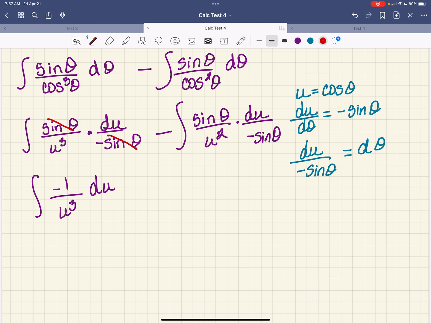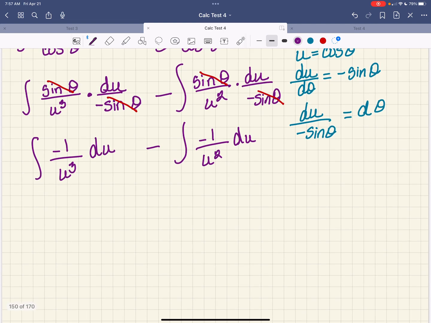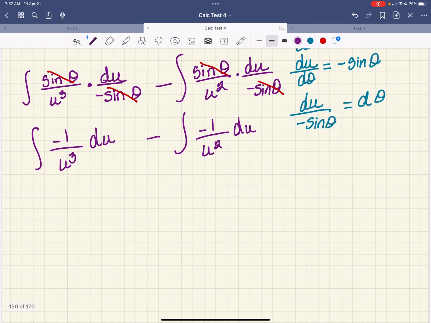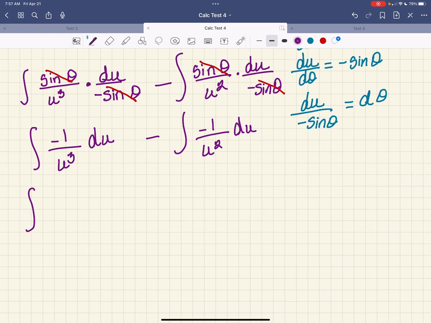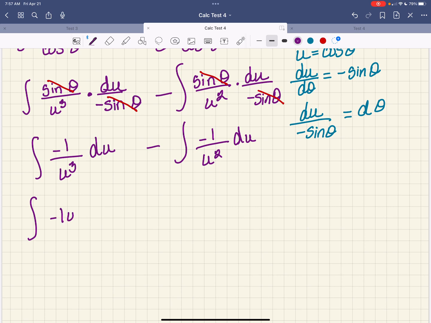Okay, and again, don't lose that negative 1. Okay, that's where students make mistakes with this one, is they lose that negative 1. Okay, and so this is looking a little bit more manageable. And before we take the antiderivatives of these, I'm going to do one more rewrite. And I am going to write this as a negative exponent. So I have the integration of negative 1 u to the negative third du minus the integration of negative 1 u to the negative 2 du.